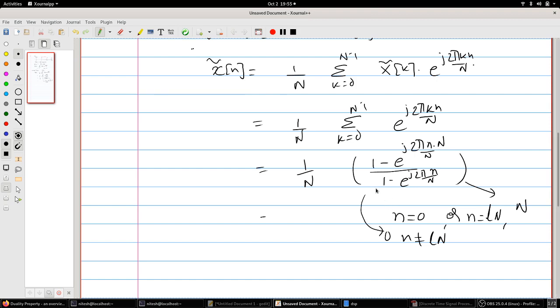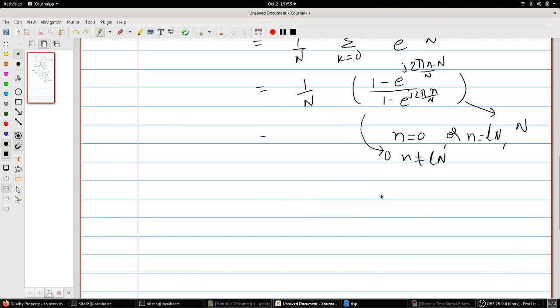So I can say that this is 1 by N and the summation only for the multiples of N, so l equal to minus infinity to infinity delta of n minus lN.